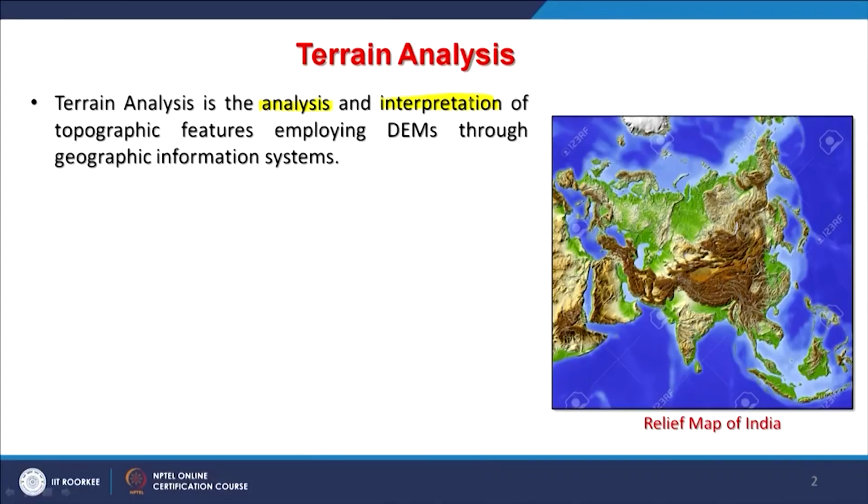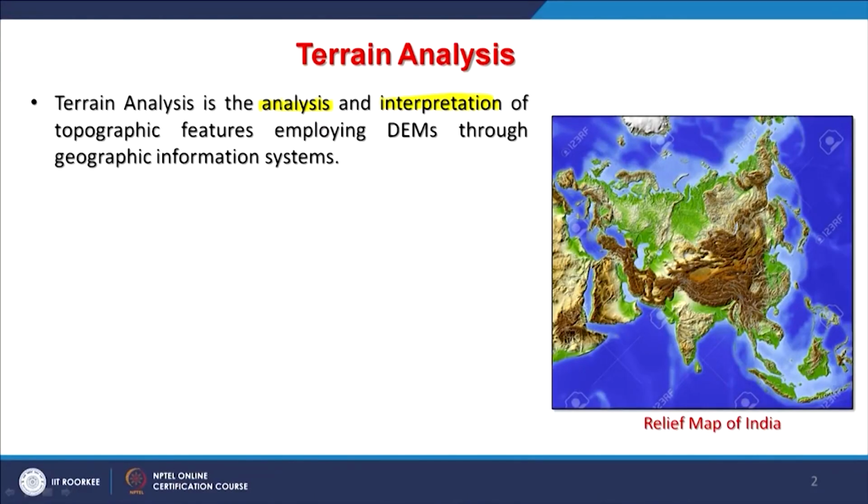I can try a few methods, create various products and then compare them, do the interpretation, analyze them, whether things are in order or not. So this is the analysis and especially the interpretation, and that focus should always be there, whatever the data, whether satellite data or digital image or your digital elevation models or even topo sheets.